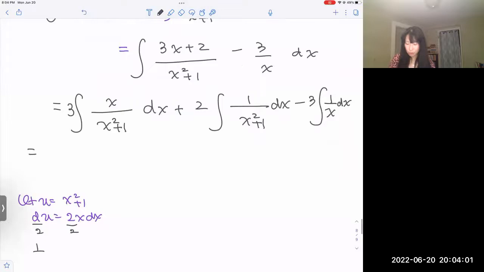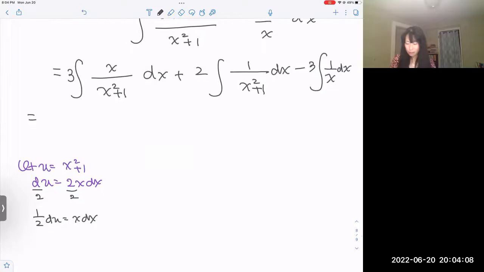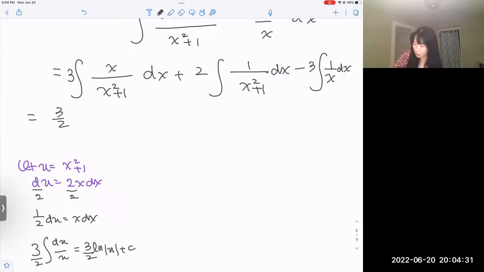So we get 1 over 2 du, which is x dx. Okay. So we will have 3 du over u, right? What do you have? ln. Good, thank you. So this will be 3 over 2 ln of x squared plus 1, plus the second term.